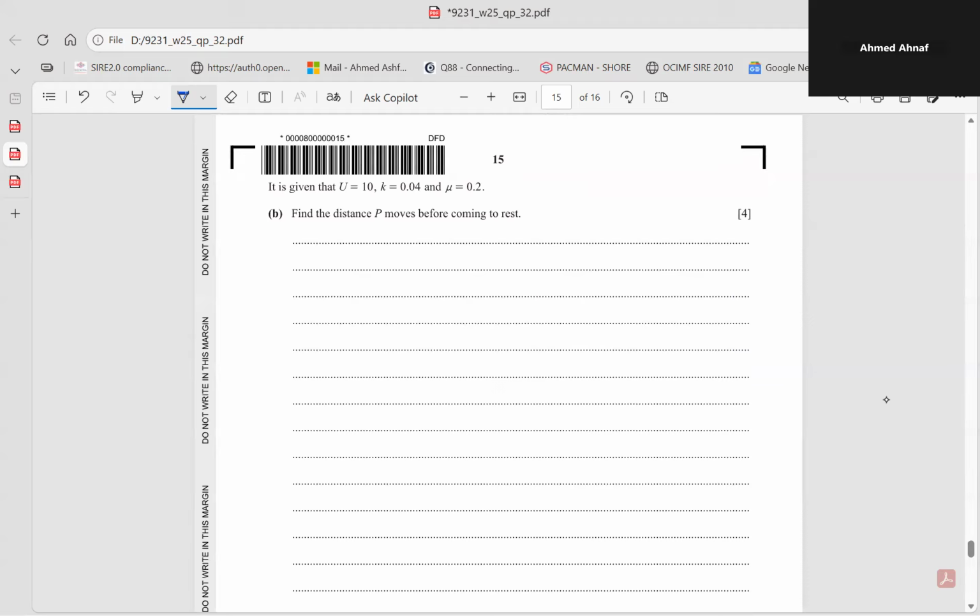Now we are told that U is 10, k is this, and mu is 0.2, and we need to find the distance P moves before coming to rest. In order to do this, I think it's best if we have an expression for x in terms of v.